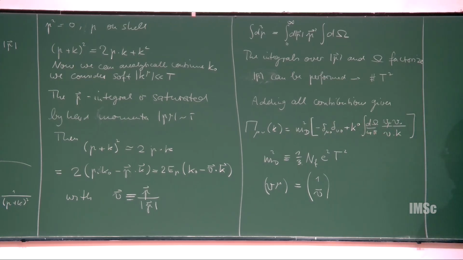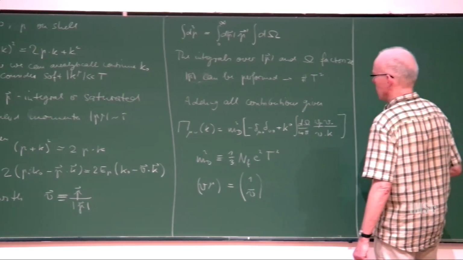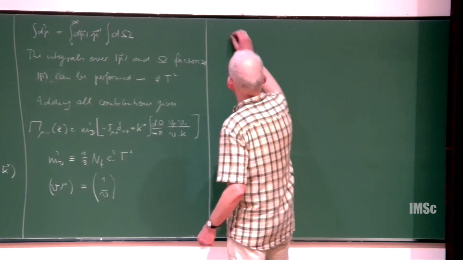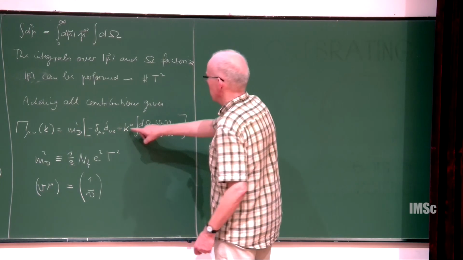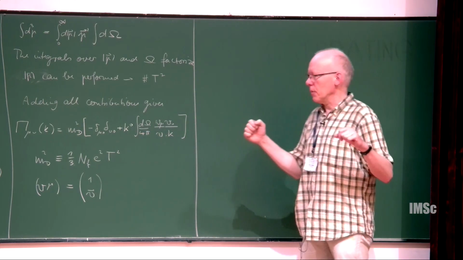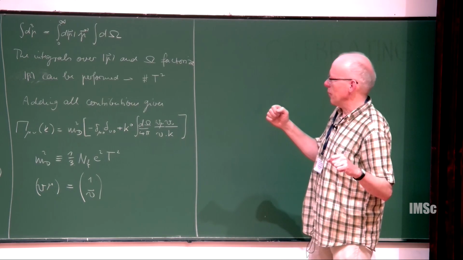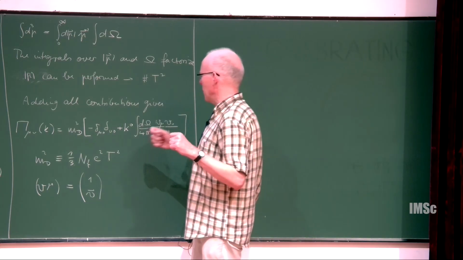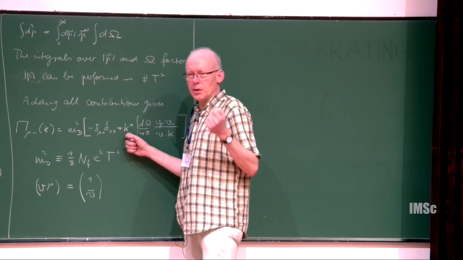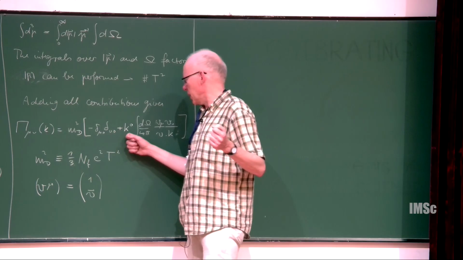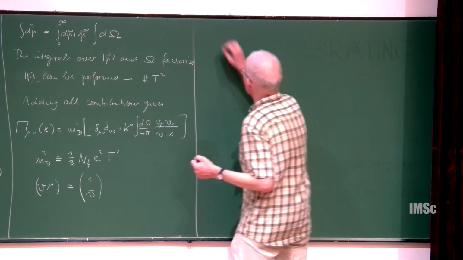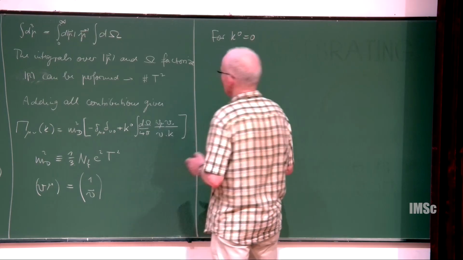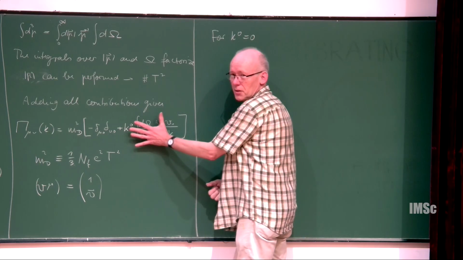So let's try to see a bit of the structure here, or maybe simplify. If we do thermodynamics, then when we have soft momenta, the k naught has to be 0, because that's the only way for k naught to be small. So for k naught equal to 0, this looks just like a mass term. Yeah?